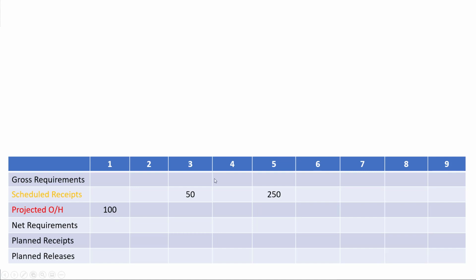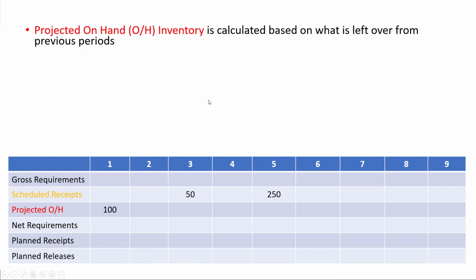Scheduled receipts, those are commitments to vendors, maybe contractual obligations, shipments that are already in progress. We cannot change those. So we have 50 scheduled to arrive in week 3, and 250 are scheduled to arrive in week 5. Our projected on-hand inventory, again, is what's left over from previous periods, and that carries forward.